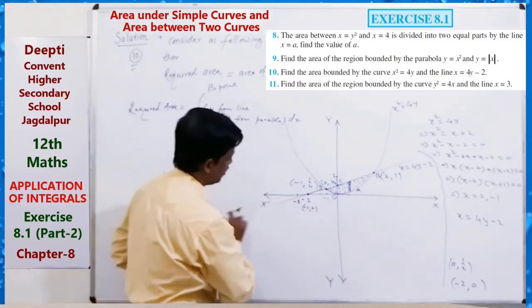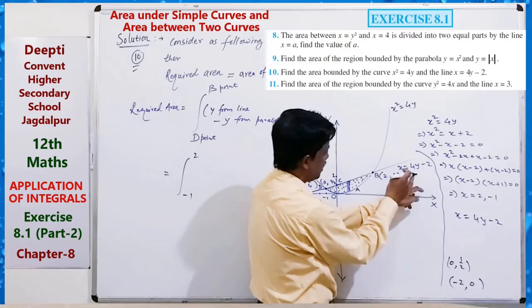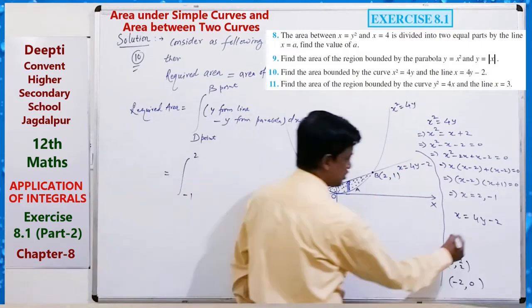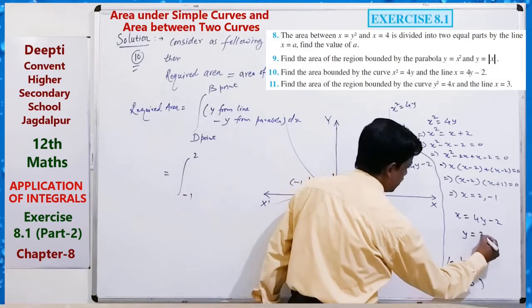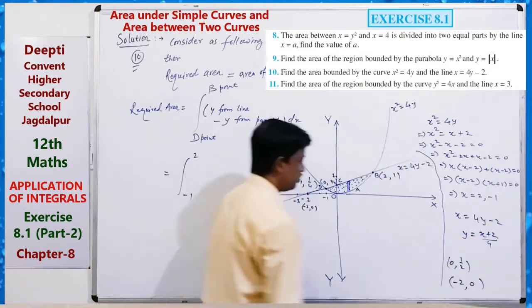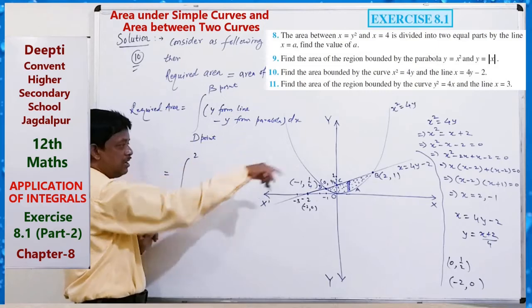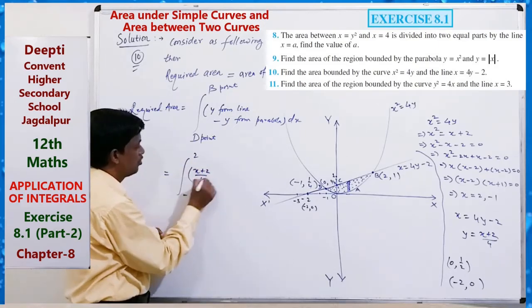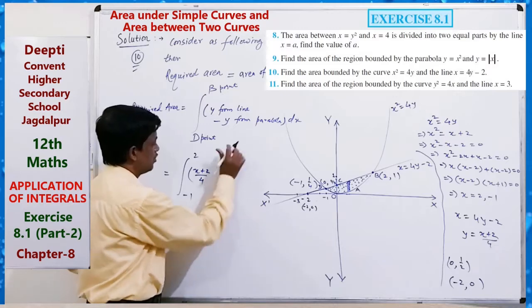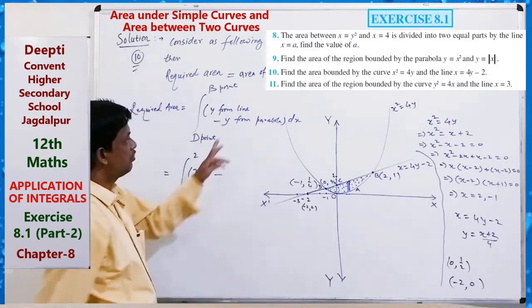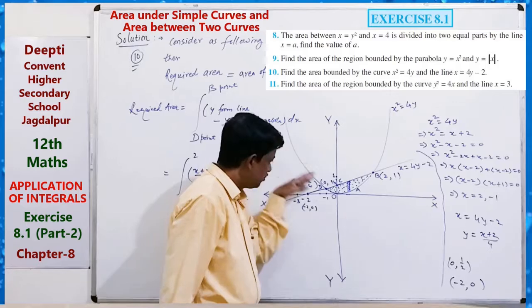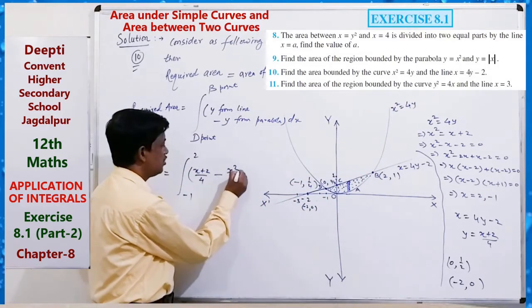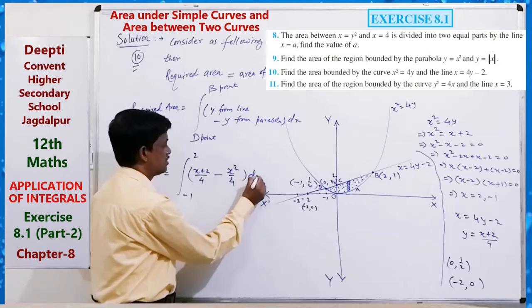Y from the line: the equation of the line is y equals (x plus 2) by 4. So y from the line, (x plus 2) by 4, minus y from the parabola, x square by 4, dx.